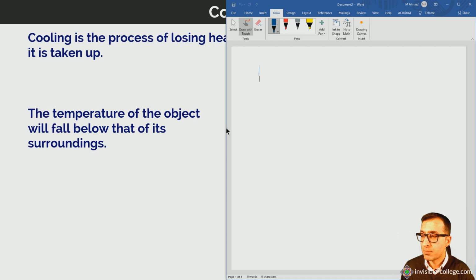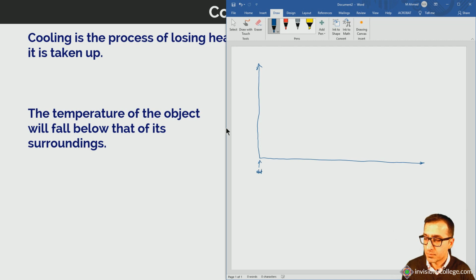And then we plot our results on a graph. So let's say we end up plotting a graph of temperature on the vertical axis and time on the horizontal axis. So at time equals 0, we start heating, and we continuously heat that all the way through the experiment.